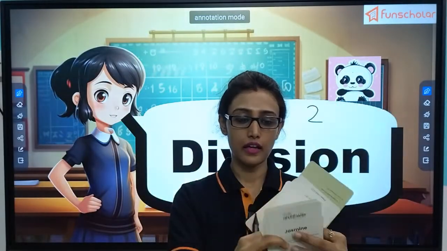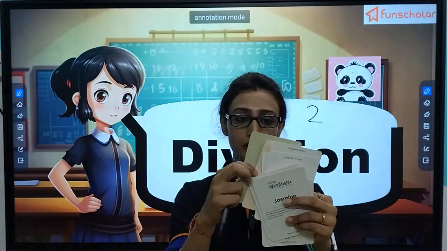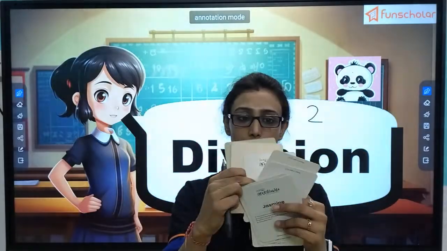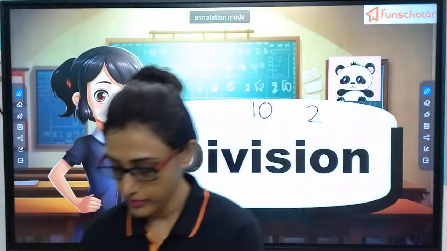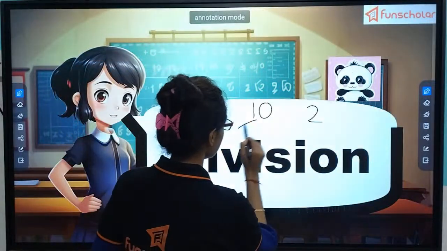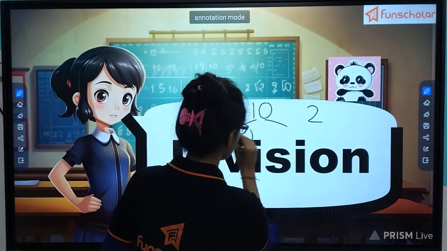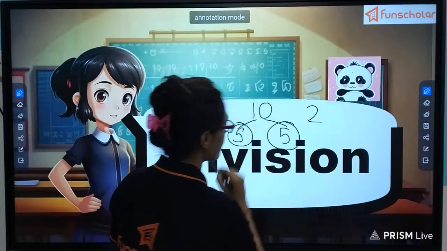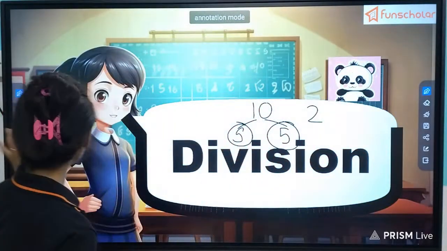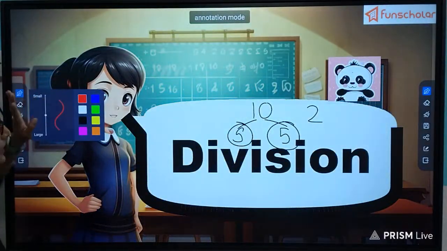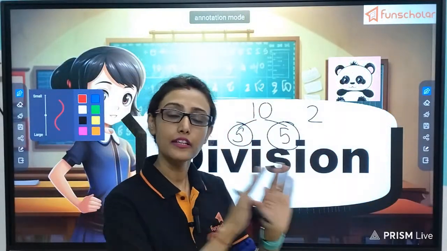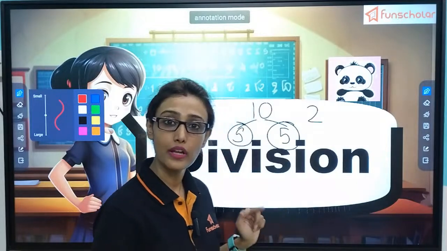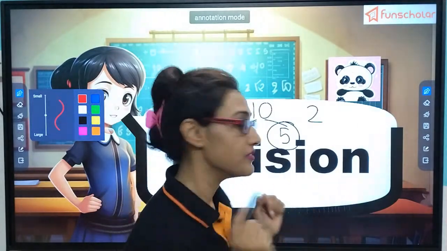One friend and another friend again 1, 2, 3, 4 and 5. So both of them got 5 cards each. So this process of equal division or equal sharing of a bigger number into smaller numbers is known as what? Is known as division.